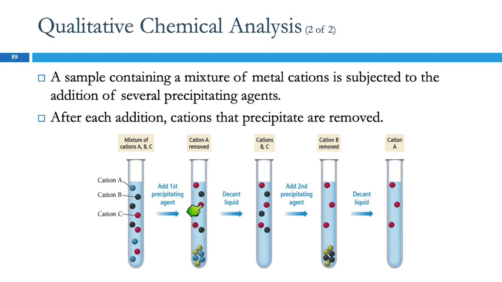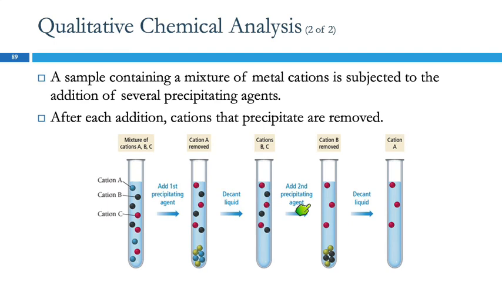So I can decant, I can pour this liquid off, and often we'll use a centrifuge to really ram all of that precipitate into the bottom so that we can decant more easily. You don't have to worry about precipitate floating up. So we decant that. Now we have a test tube with just cations B and C.